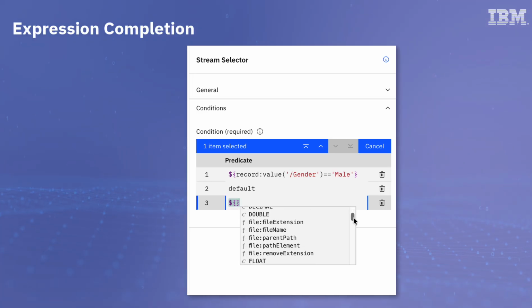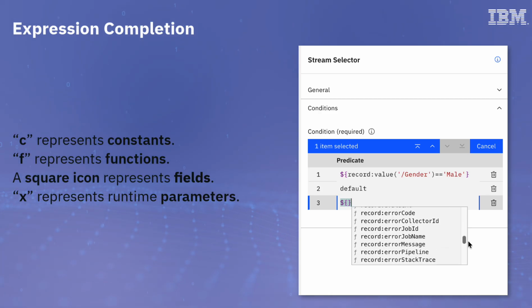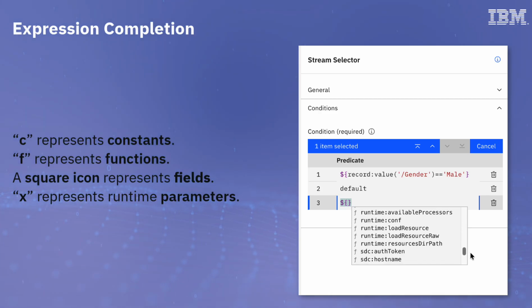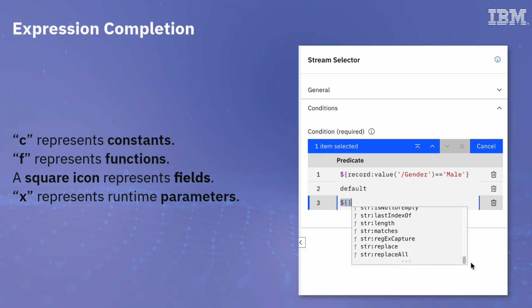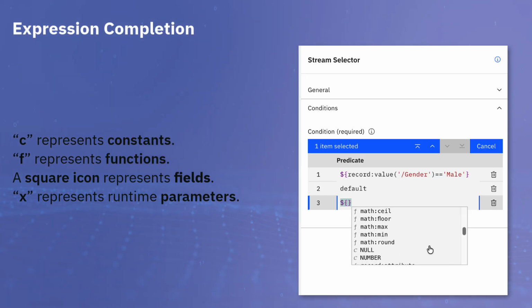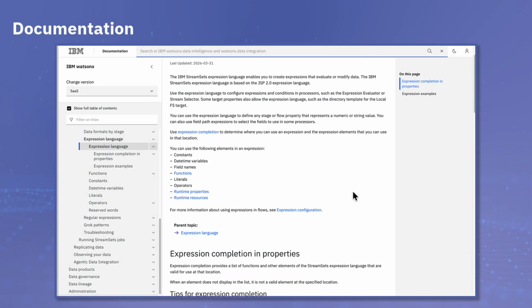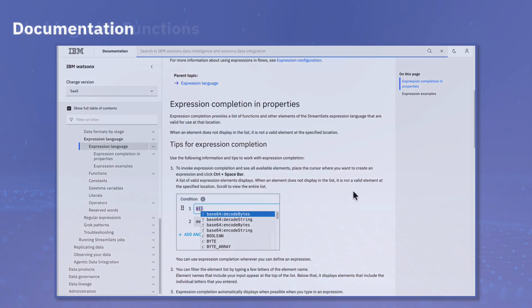You'll also notice icons that help identify different elements. A C represents constants, an F represents functions, a square icon represents fields, and X represents runtime parameters. These visual cues make it easier to build expressions quickly. For more information, visit the documentation portal to explore additional details.